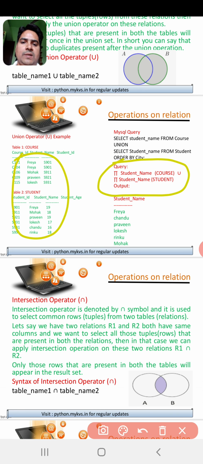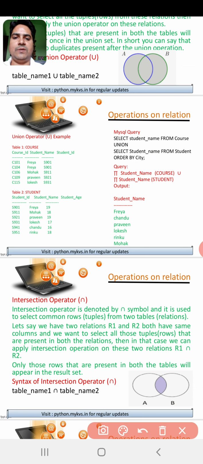Understood? Now MySQL query, in the simplest way of MySQL query, you can see here. Select student name from course. This is clear to all of you? Union is a clause. You can see clearly union is a clause here. This clause is union clause.